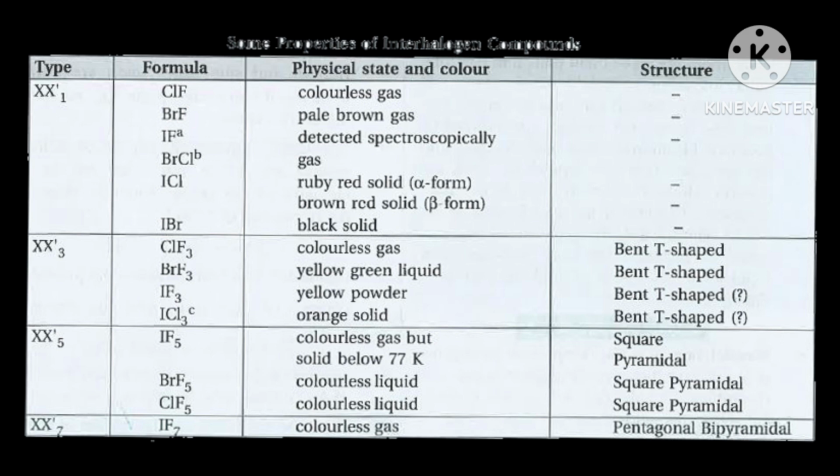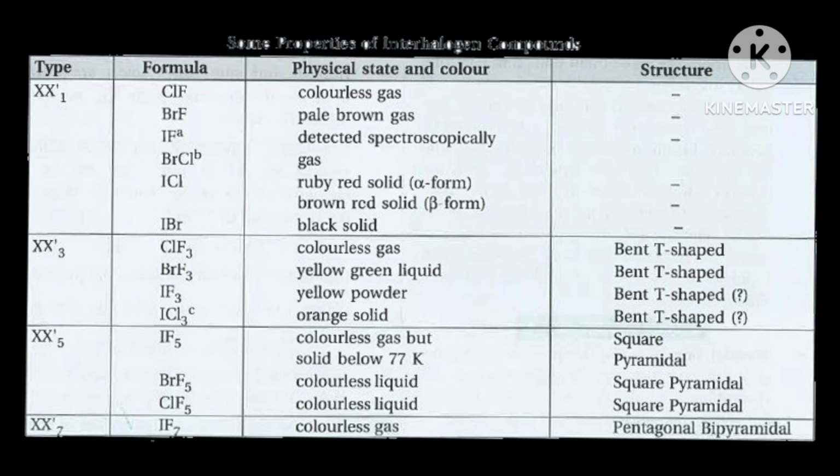Then I want to give one explanation because in an examination one question was asked. The question was: deduce the molecular shape of BrF3 on the basis of VSEPR theory.